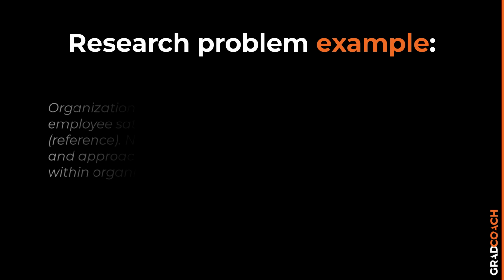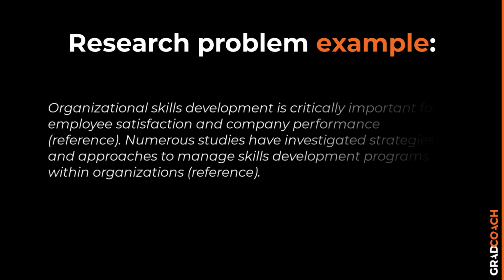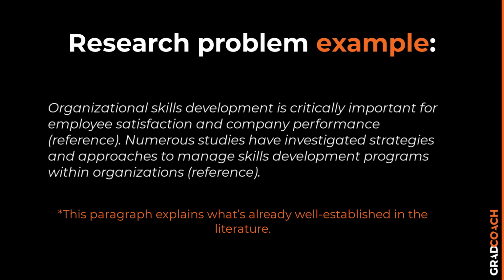Let's look at an example of this structure using the skills development topic. Organizational skills development is critically important for employee satisfaction and company performance. Reference. Numerous studies have investigated strategies and approaches to manage skills development programs within organizations. Reference. This paragraph explains what's already well established in the literature.